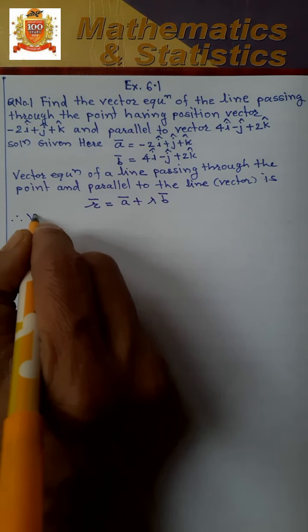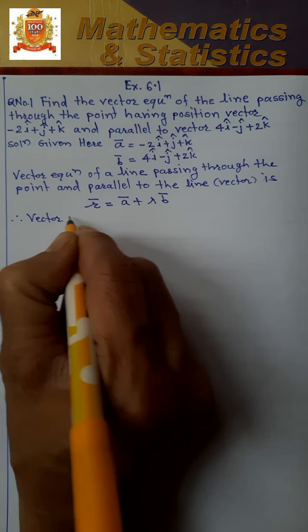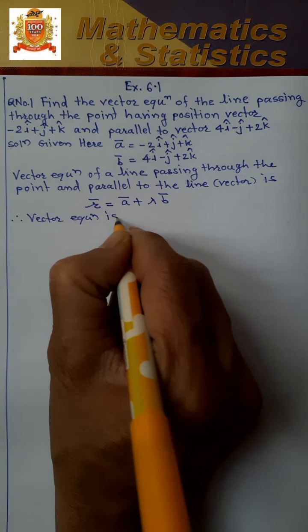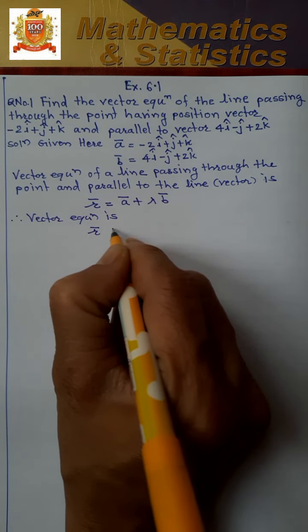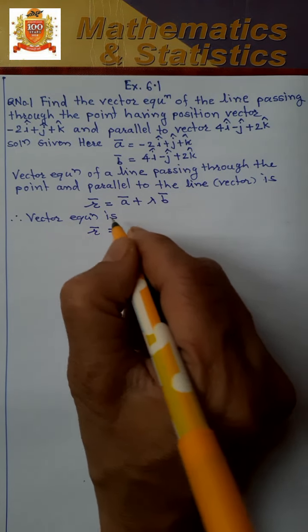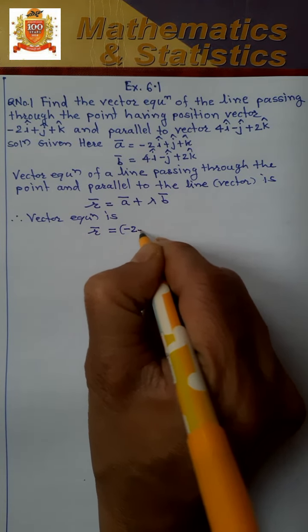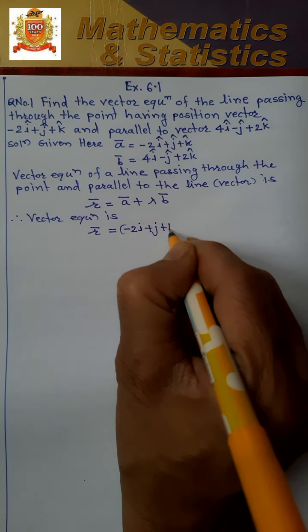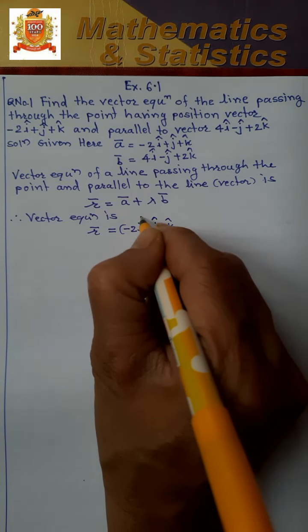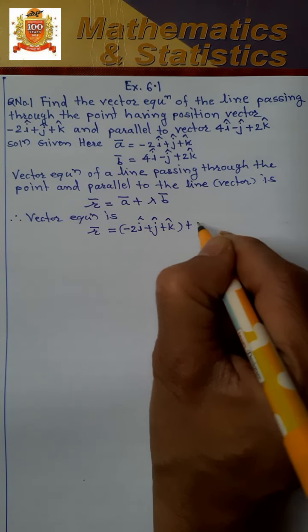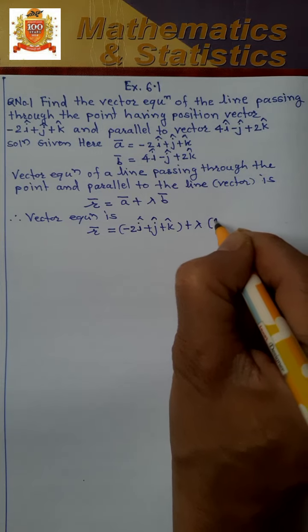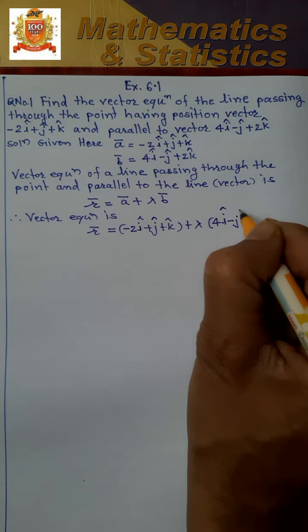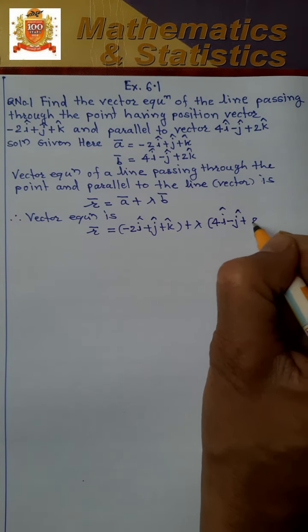Therefore, the vector equation is r bar is equal to minus 2i plus j plus k plus lambda in bracket 4i minus j plus 2k.